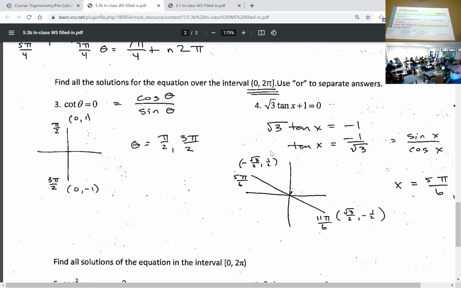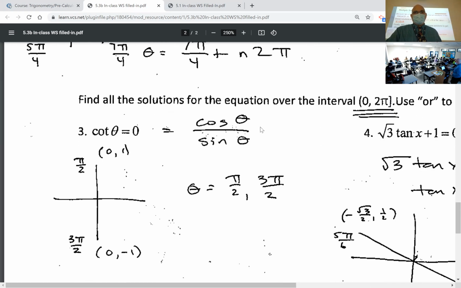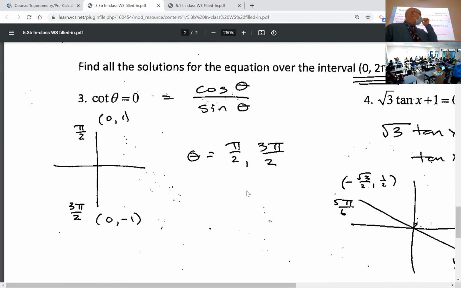Can you zoom in just a little bit? Plenty of seats up here. Perfect. I didn't even read the directions myself. It said use "or." I used a comma.